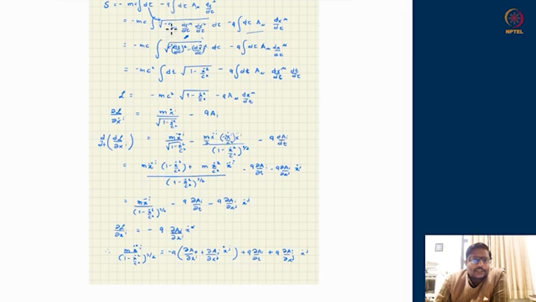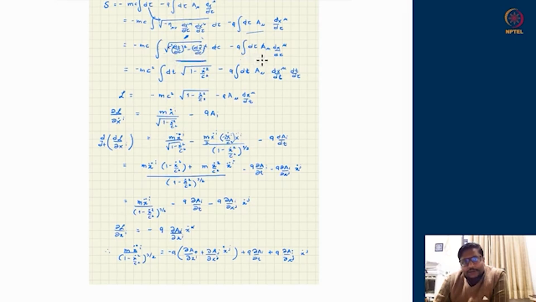The first is eta 0 0, which is minus 1, so overall minus of eta 0 0 is plus 1, and then dx 0 upon d tau, which is c square dt square upon d tau square. The remaining 3 diagonal terms are the spatial velocity vector squared, dx upon d tau whole square. So the square root term can be written in terms of these.